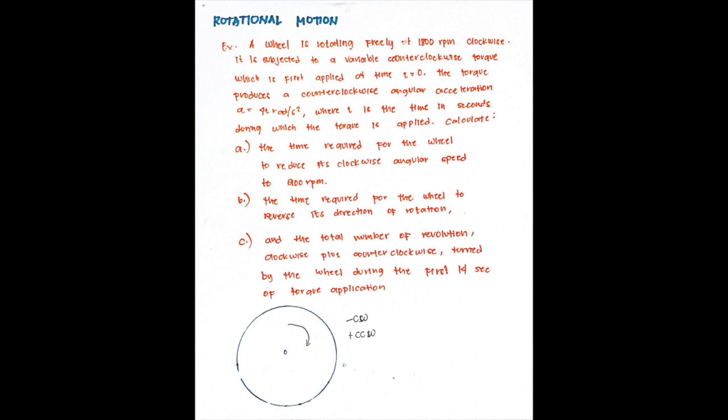Calculate A, the time required for the wheel to reduce its clockwise angular speed to 900 RPM; B, the time required for the wheel to reverse its direction of rotation; and C, the total number of revolutions, clockwise plus counterclockwise, turned by the wheel during the first 14 seconds of torque application.